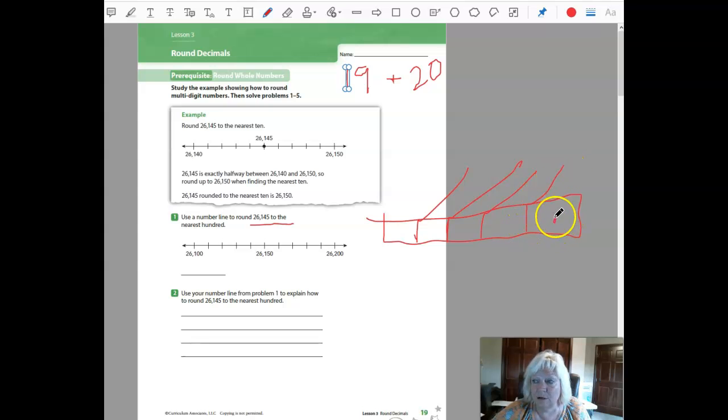So if this is my ones, this is my tens, this is my hundreds, this is my thousands, this is my 10,000s. So 26 is in the thousands part, 145. So this is a whole number. This isn't even a decimal. It says let's round it to the nearest hundred. So you would want to underline your hundred, which is right there. And then we're looking at the neighbor beside it, and on this number line, it's going to tell us that that's going to stay the same.